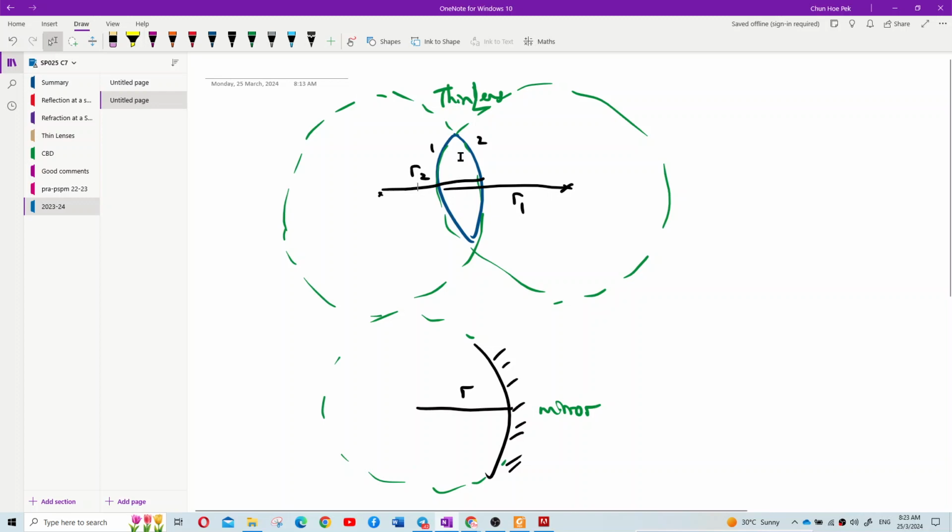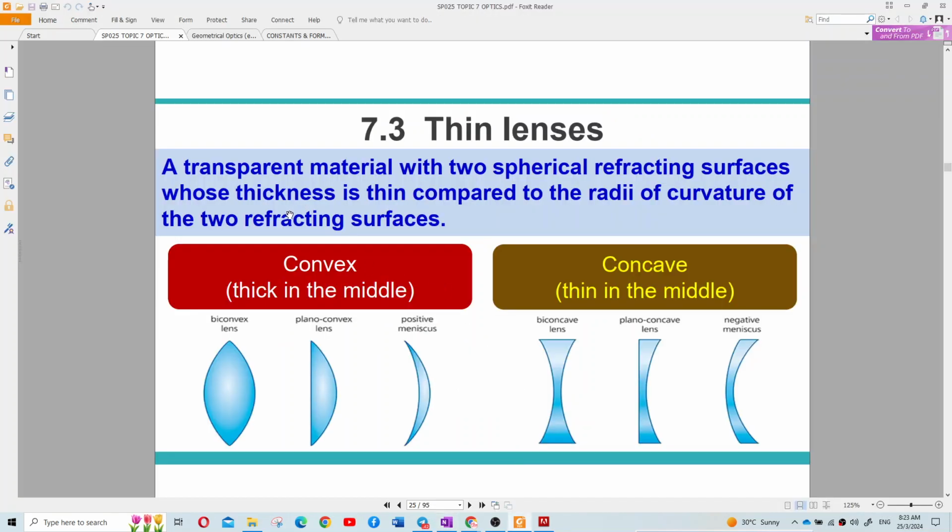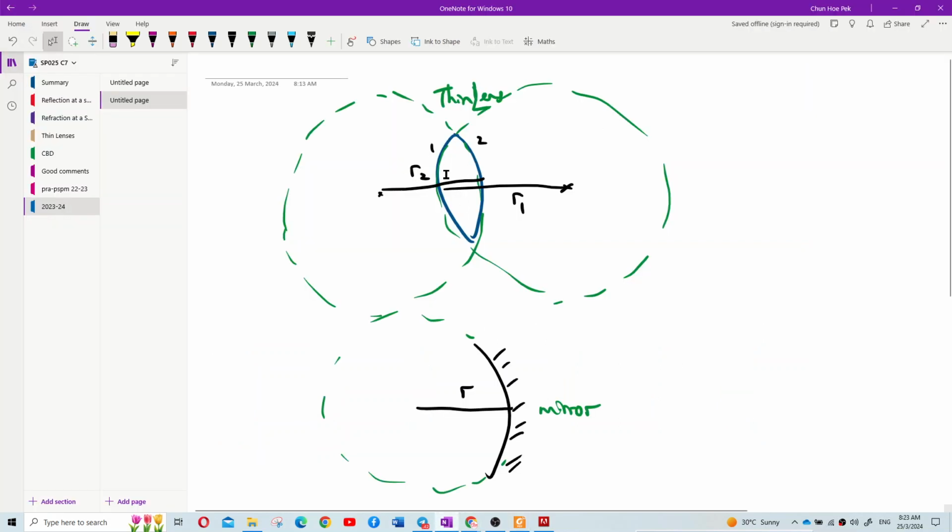So why is it called thin lens? It's called thin lens because the thickness of the lens is thin compared with the radius of these two refracting surfaces. Actually, I drew it too big.